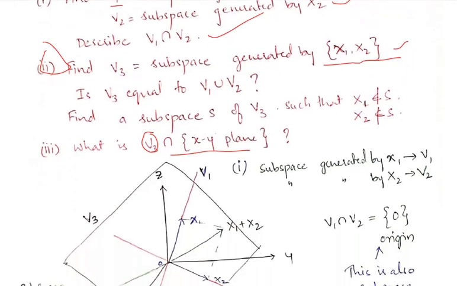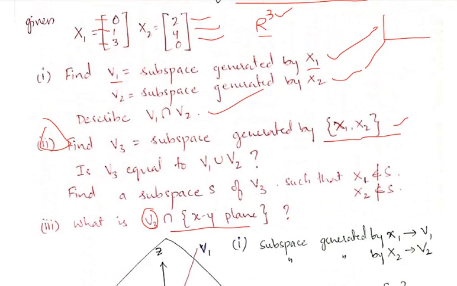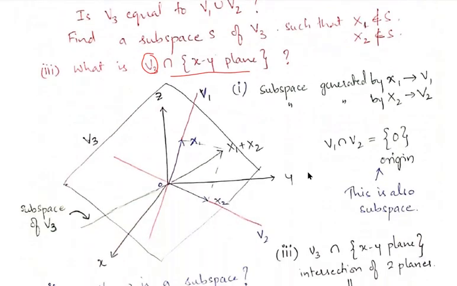Just for your understanding, you can draw it directly by making a point at 0, 1 and 3. I am just giving you an idea. Remember that (0, 1, 3) means the x value is not present, so it is in the yz plane.